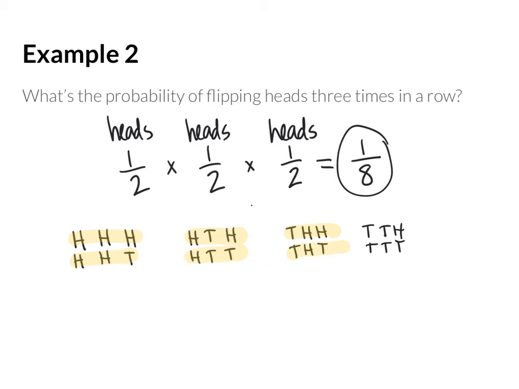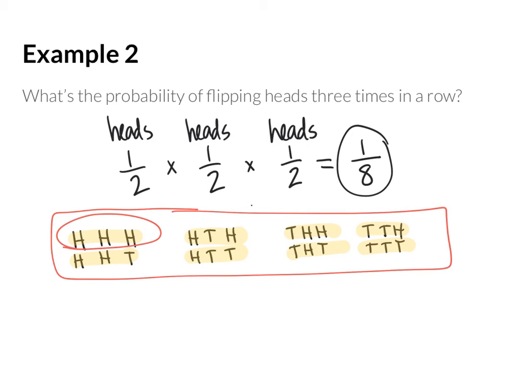If I list out all of the possibilities, there's 8 of them total, and 1 of them is showing that I get heads all 3 times in a row. Now, you can always list out all the sample spaces and calculate how many there are that fit this event, or you can use this simplified multiplication.